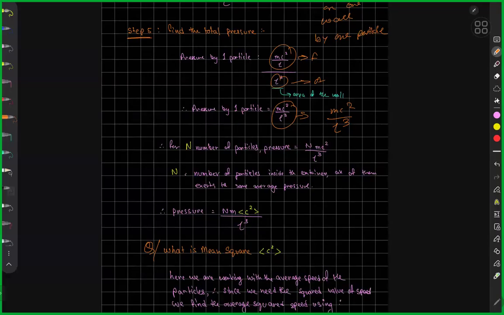Nope. We have n number of particles. Doesn't matter what it is, could be any amount, but n number of particles, let's say. And that results in multiplying this pressure with n number of particles. So it's simply n times mc squared by L cube.